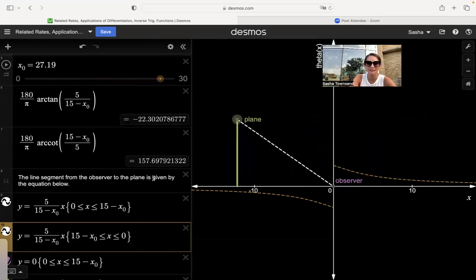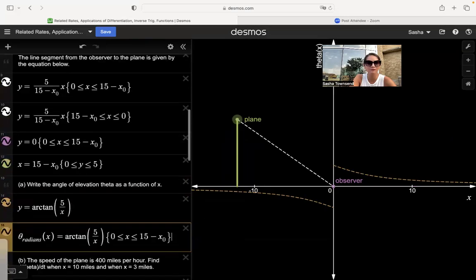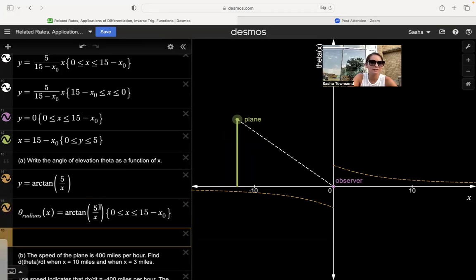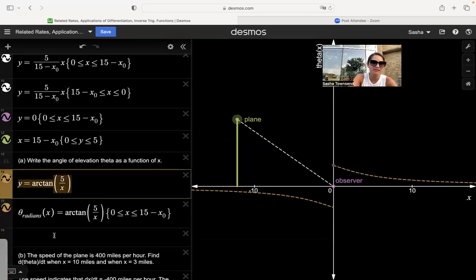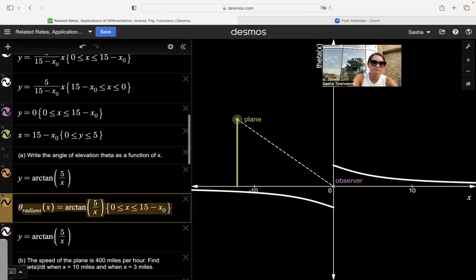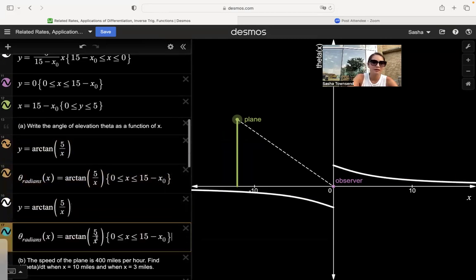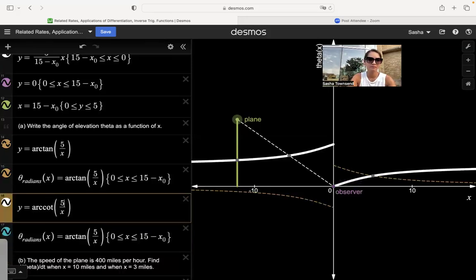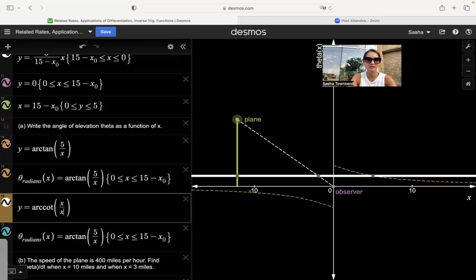But as it stands right now, this orange graph is the arctangent graph. I think I want everything in terms of arccotangent instead. So we'll copy and paste this. There's absolutely nothing wrong with using that arctangent function to write the angle of elevation theta as a function of x. But remember, with cotangent, you're going to take the reciprocal.